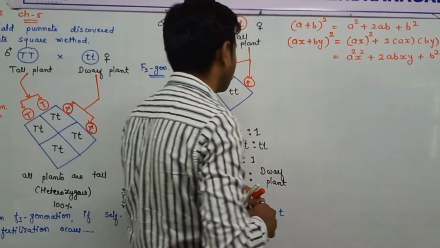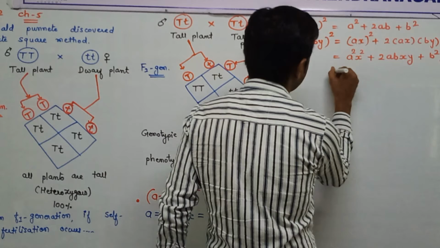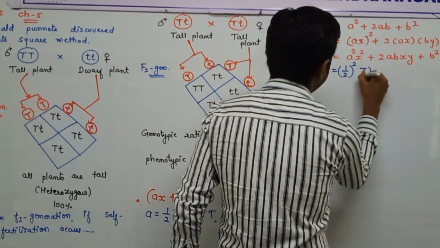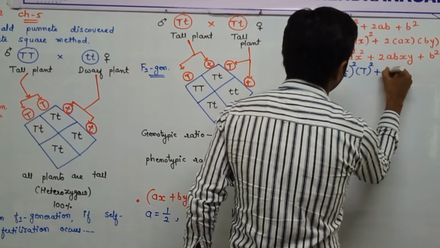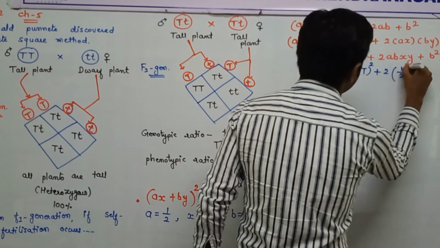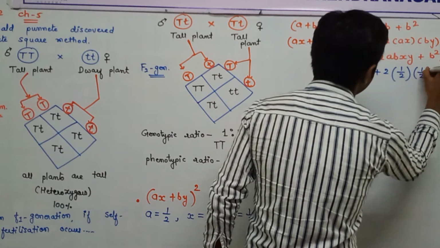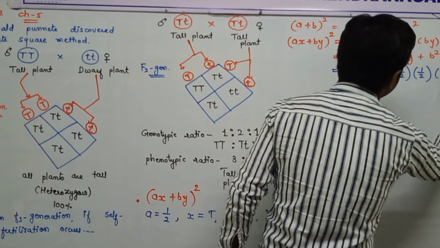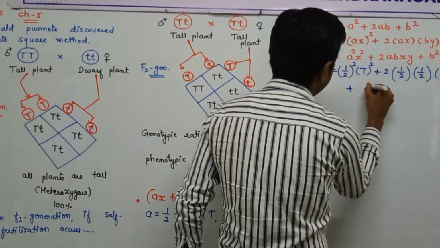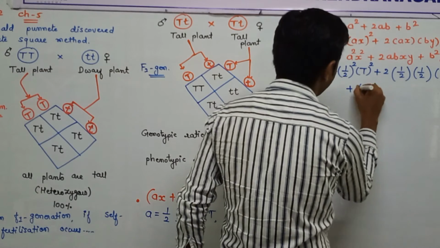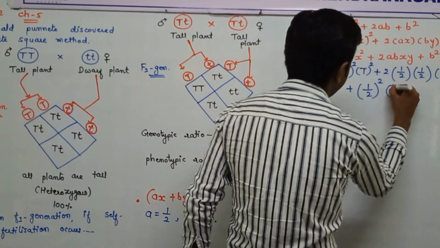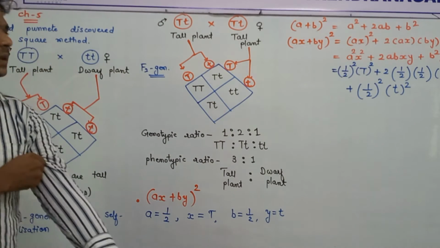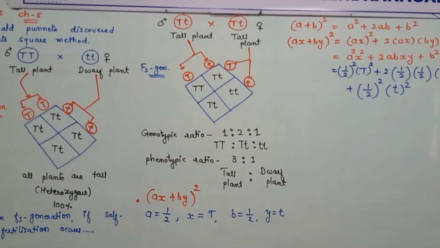So (1 by 2) square, X is capital T. A is 1 by 2, B is also 1 by 2, X is capital T and Y is small t, and B square, so (1 by 2) whole square, and Y square, that is small t square. Fine. See the value like this.